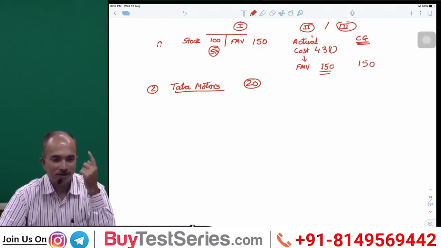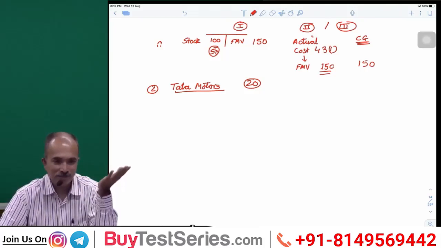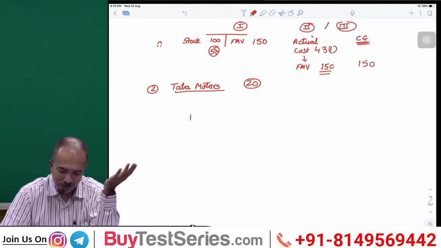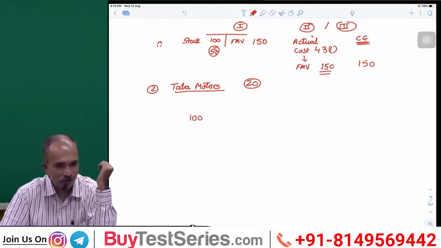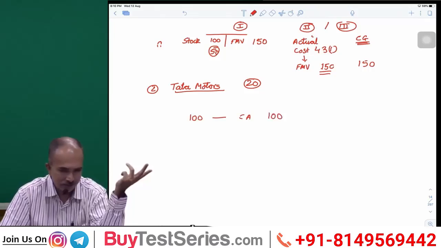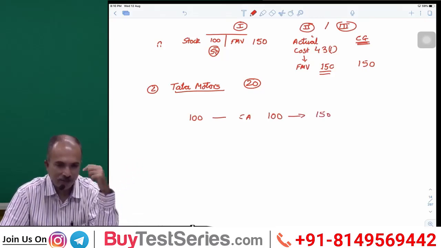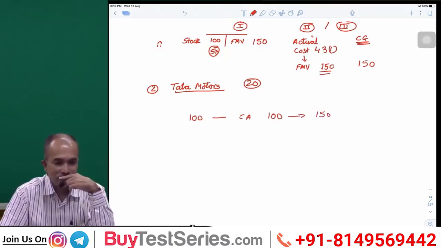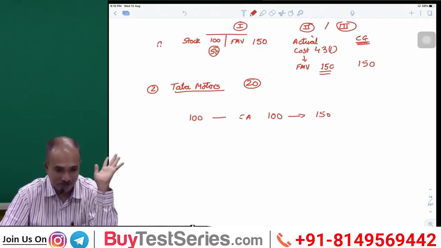And later on, after 1 year, I sell them. See, today I have shares worth say 100 crores as stock. I convert them into a capital asset. Before this section came, I would say the cost is still 100. Tomorrow I sell them for 150. After 1 year, I would get the benefit of long-term capital gain. Further, at that time it was exempt also.